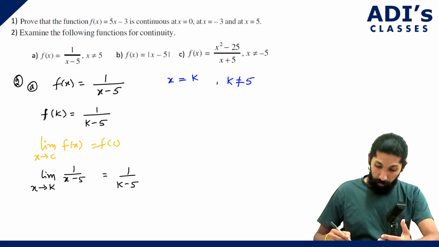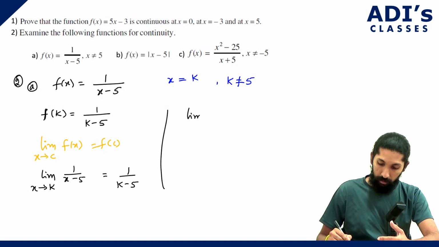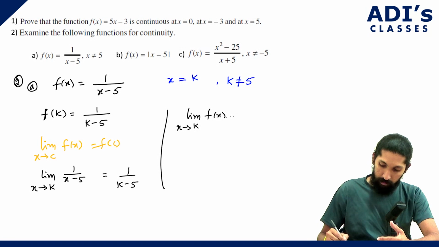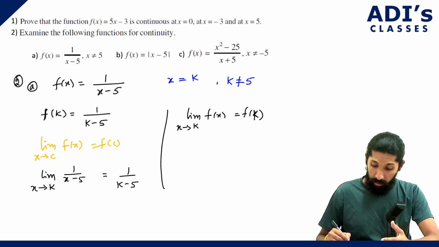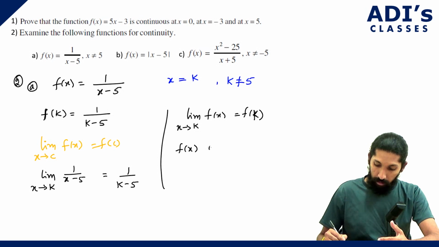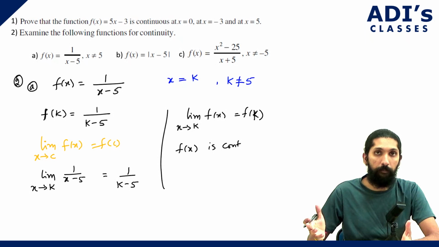So what did we just prove here? We just proved that limit as x tending to k, f of x is nothing but f of k. Since these two are equal, what can we say? That f of x is continuous in that region, because k value can be anything, isn't it?